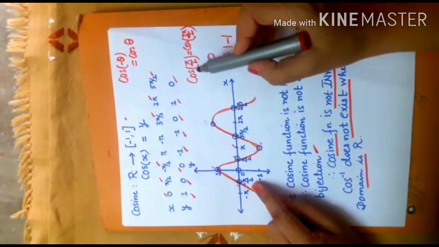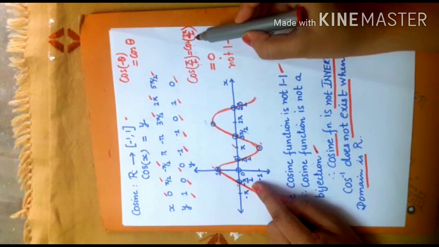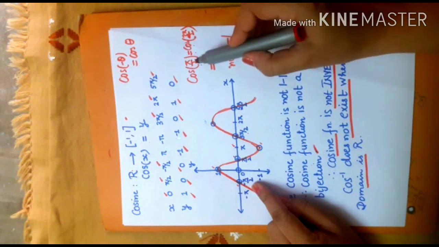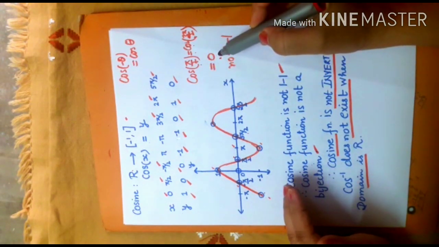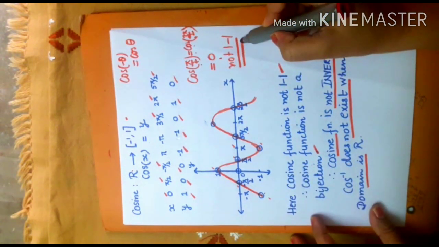So in particular, cos of pi by 2 is equal to cos 3 pi by 2, which is equal to 0. So here, at distinct points, the function has the same value. So distinct elements do not have distinct images, therefore the function is not one-to-one.